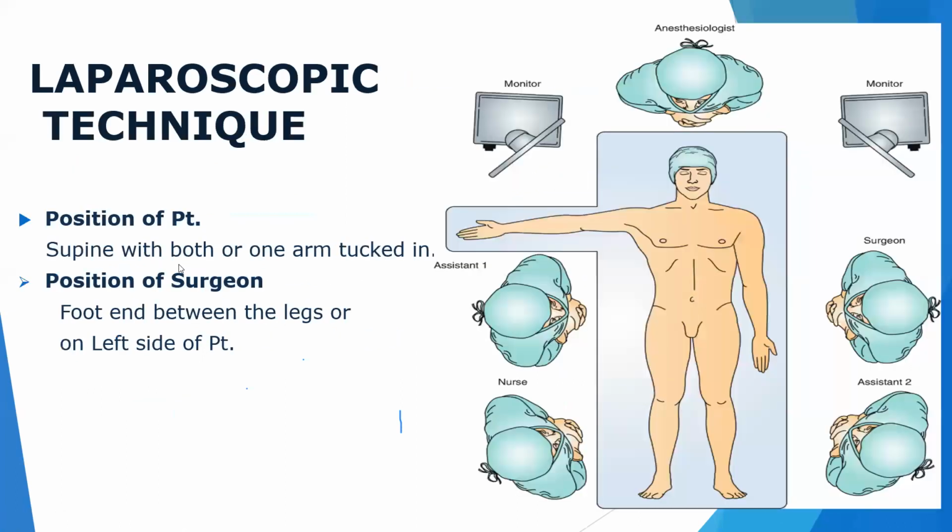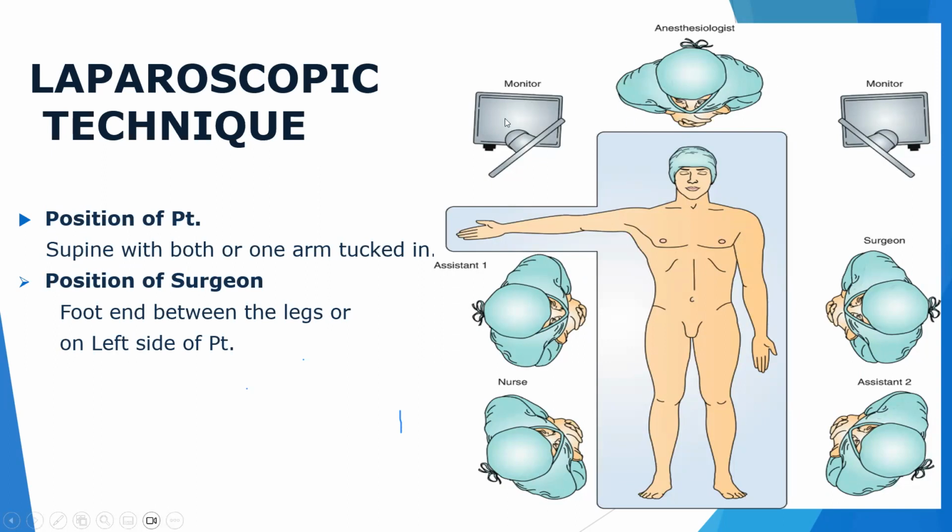Position again is supine, legs apart. The table should preferably be breakable, so that you should be able to spread the legs, because the surgeon may stand on the left side of the patient, and some surgeons like myself prefer to stand between the legs of the patient, because that makes it easier for me. The monitor is on the head side, on the side of the anesthetist, who is standing on the head side.